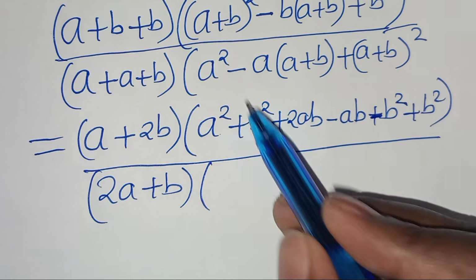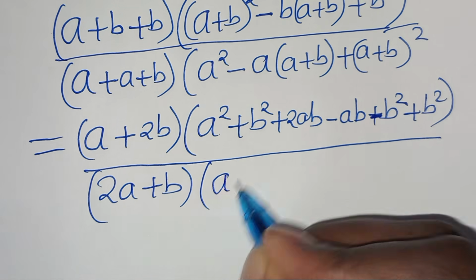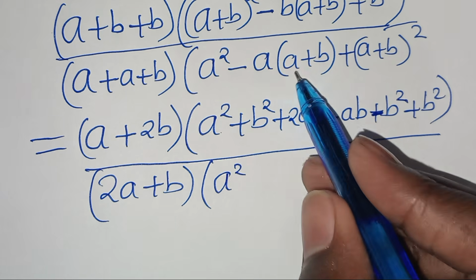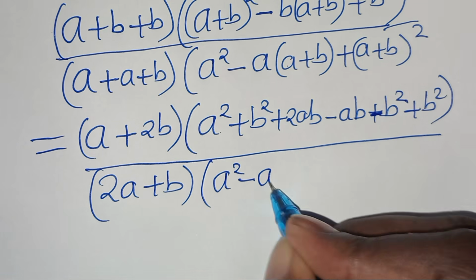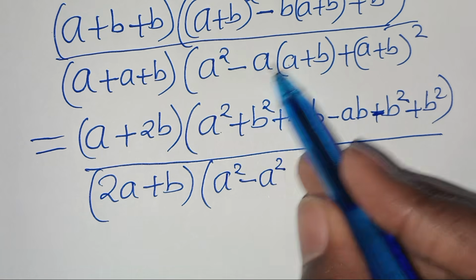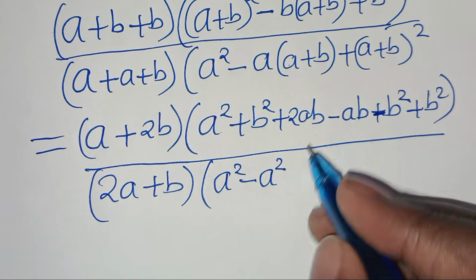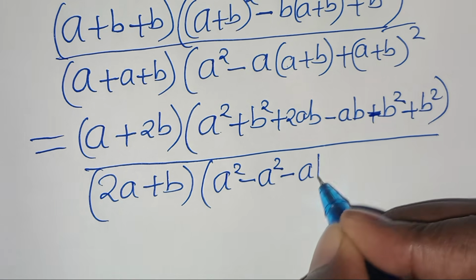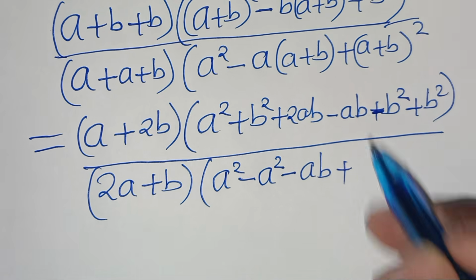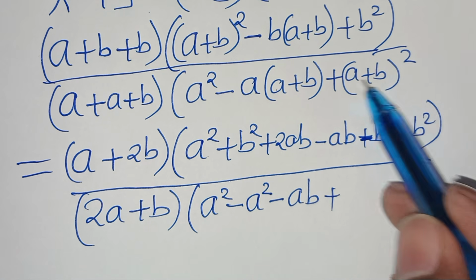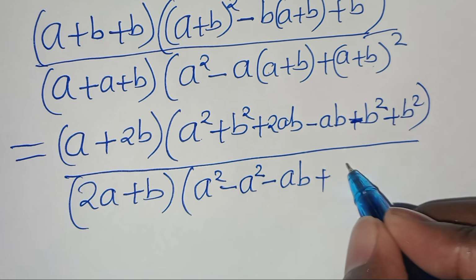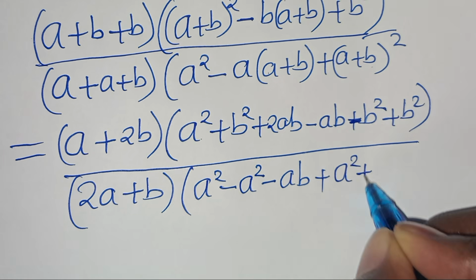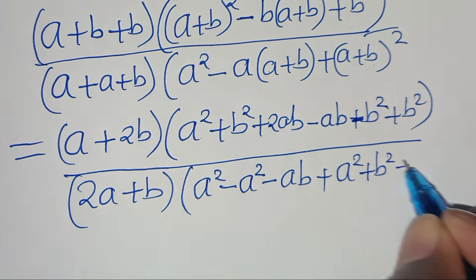Into the parentheses, this is a squared minus a times a, which is minus a to the power of 2, then minus a times plus b, this becomes minus ab, then plus, let's expand this, (a plus b) to the power of 2, which is the same thing as a squared plus b squared plus 2ab.